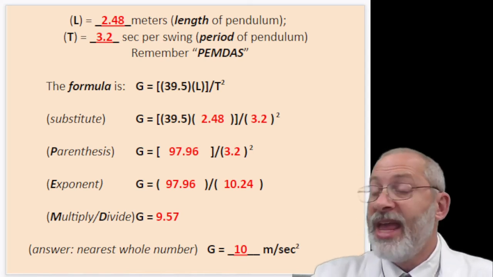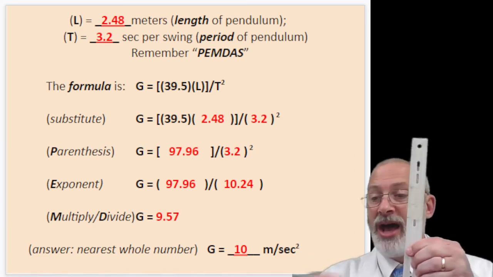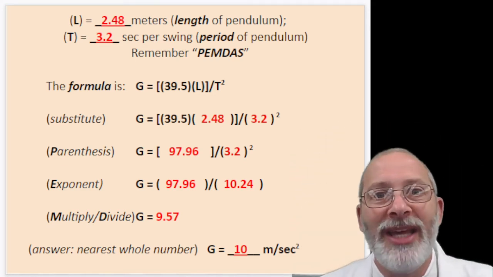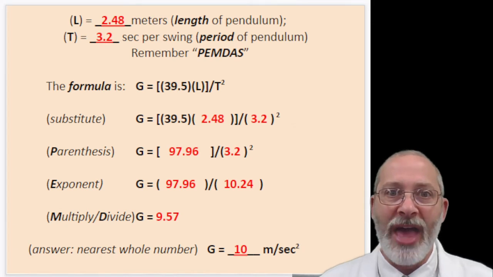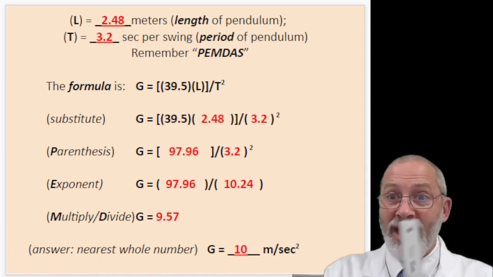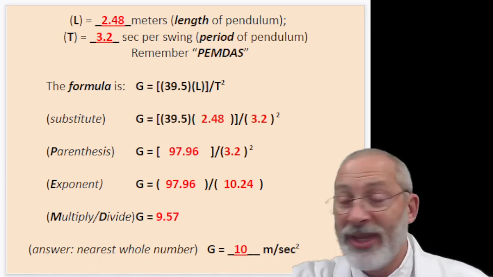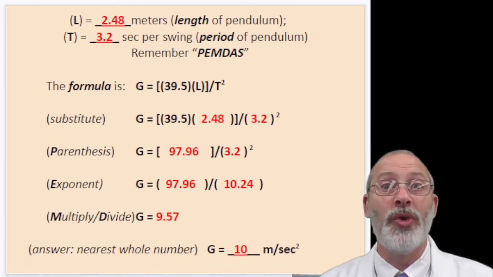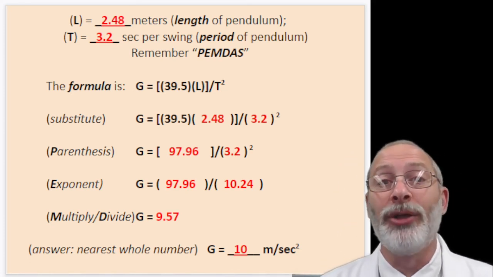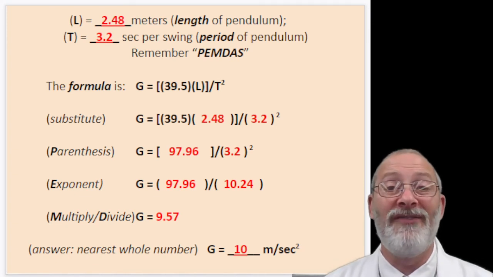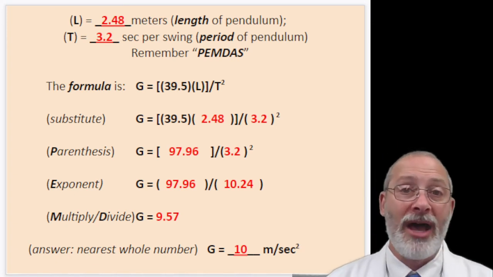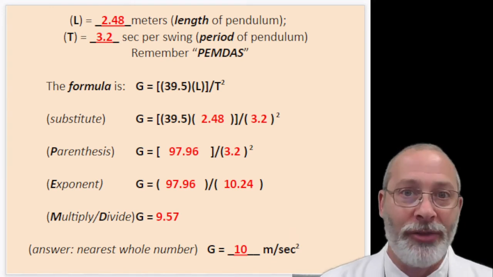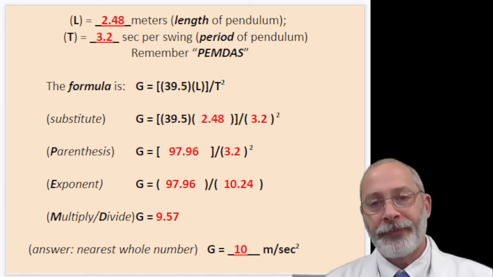Well, it means every time that object drops 10 meters, it's only going to take a second to do that. And the next 10 meters, it's going to be dropping even faster. In other words, it's going to accelerate and keep on getting faster and faster until that object strikes something like the surface of the Earth, for instance.